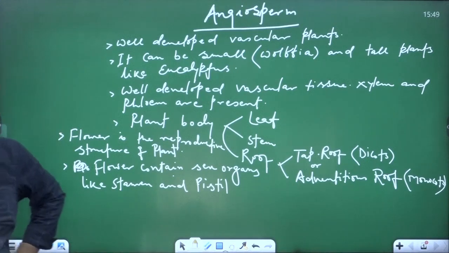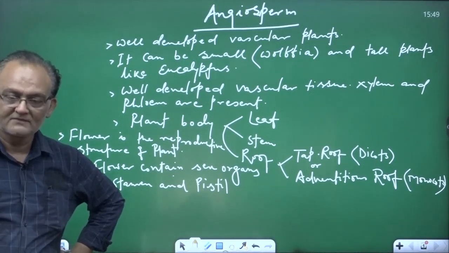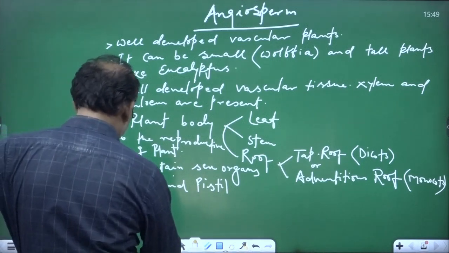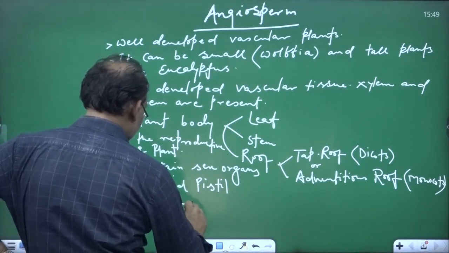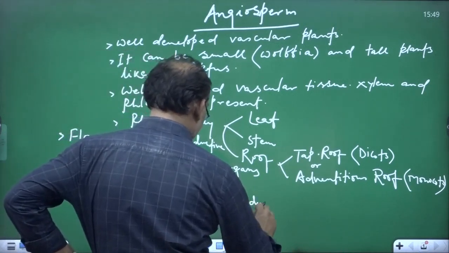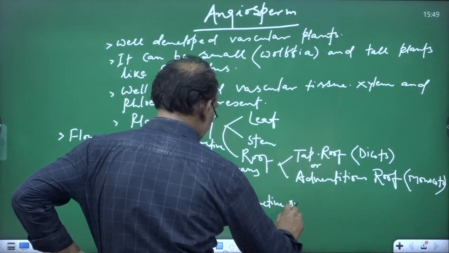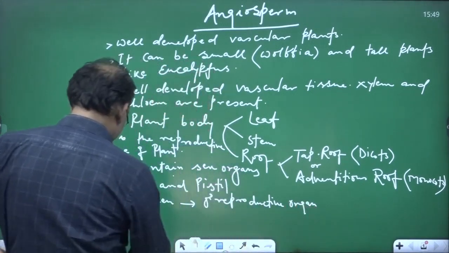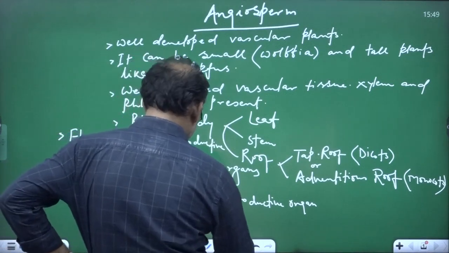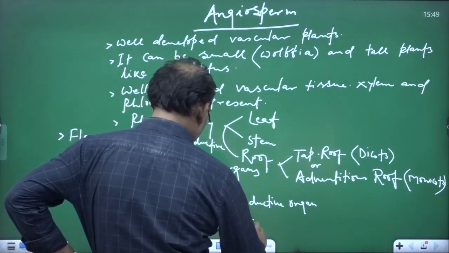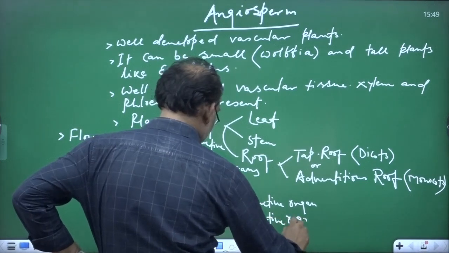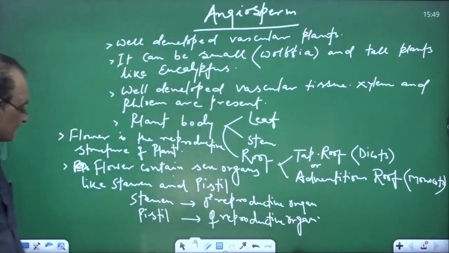Stamen is the male reproductive organ, and pistil is the female reproductive organ.